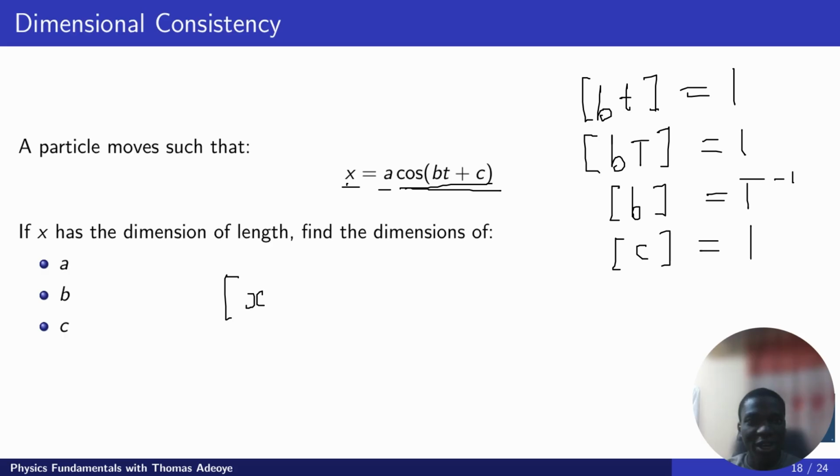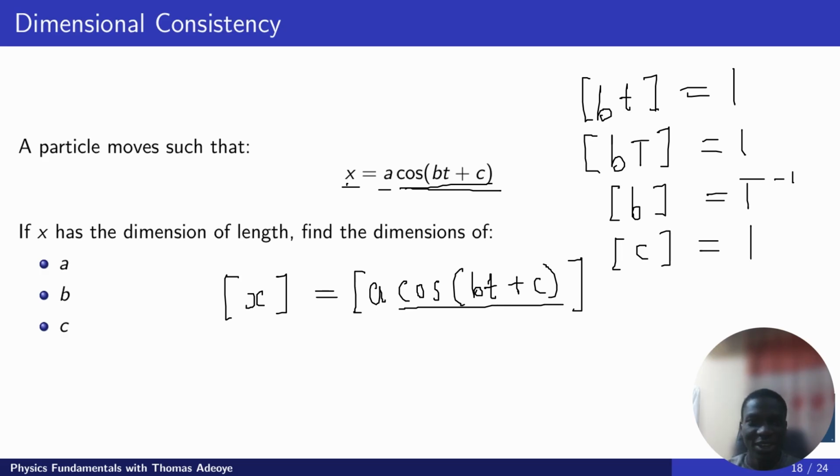The dimension of X, if we say it is equal to the dimension of A cos(BT plus C), and the dimension of this whole cosine thing is 1 because it is dimensionless, so we can say the dimension of X is equal to the dimension of A multiplied by 1.